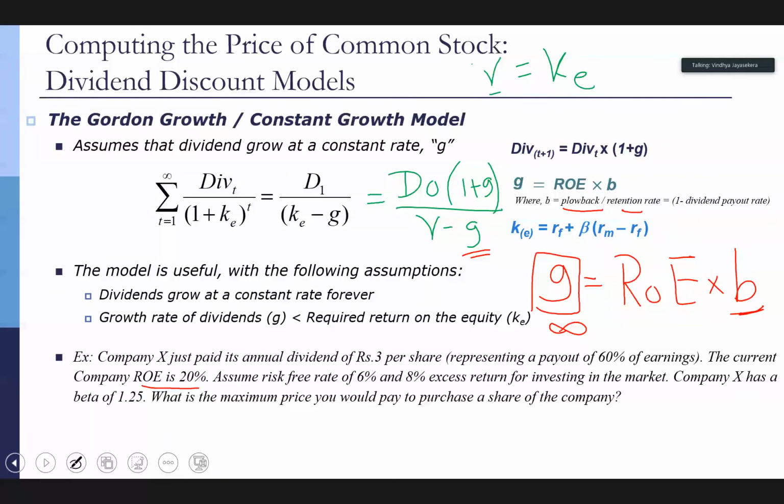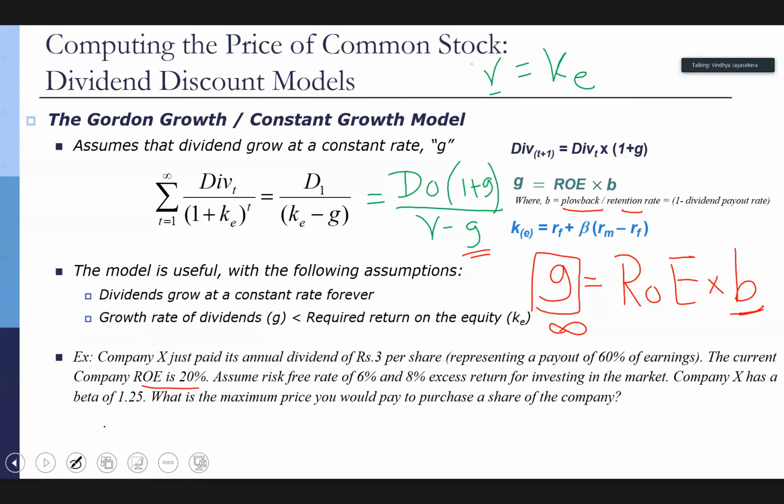So based on these only, we are doing this calculation. So assuming that the company ROE is going to continue and the dividend payouts are going to be in the same fashion and it's going to be forever, based on these assumptions, we can use the Gordon growth model, the constant growth model.